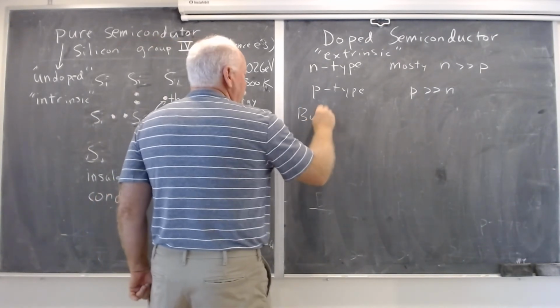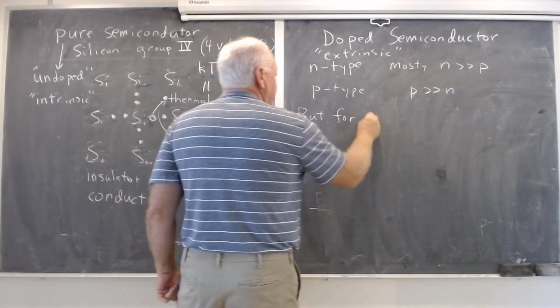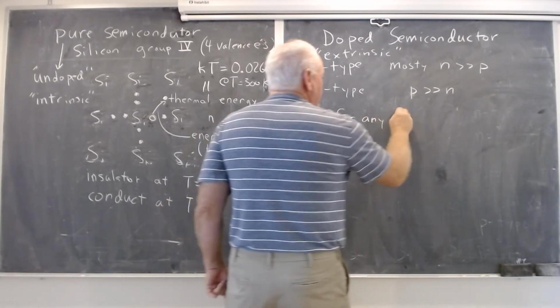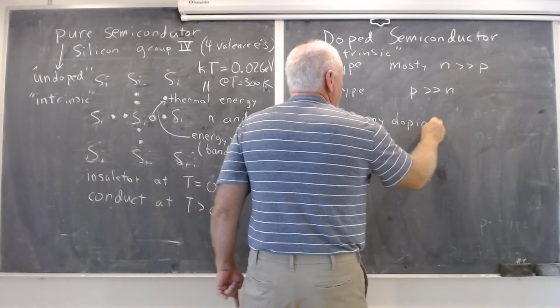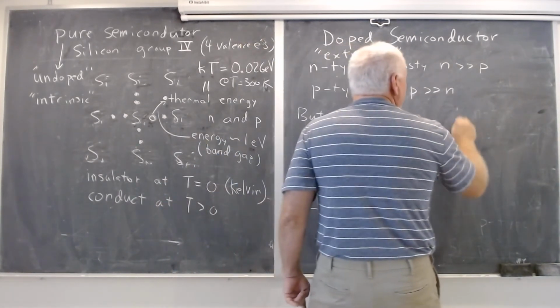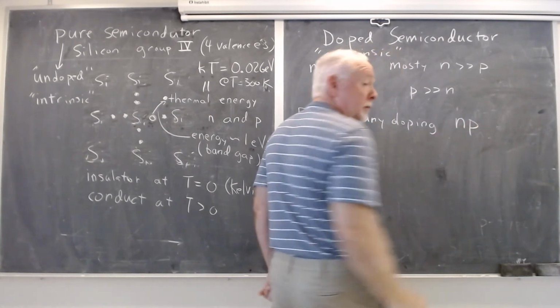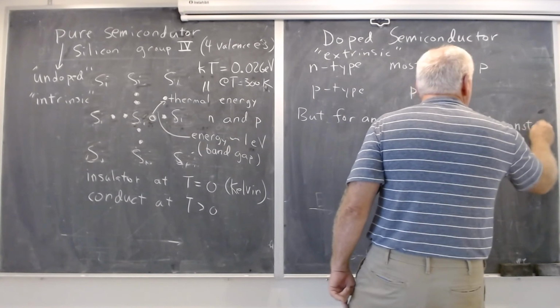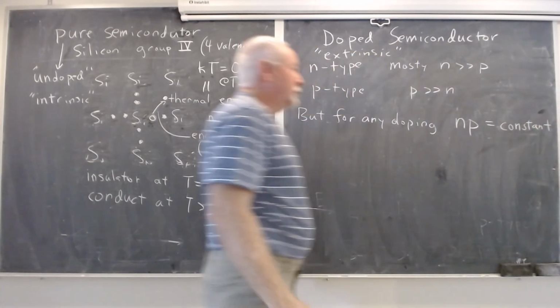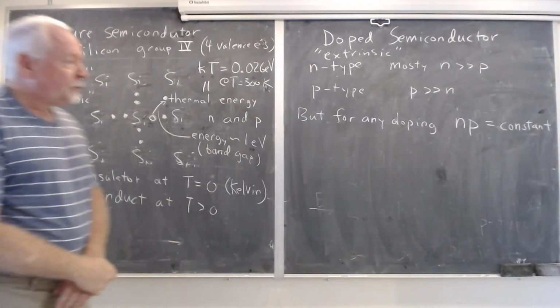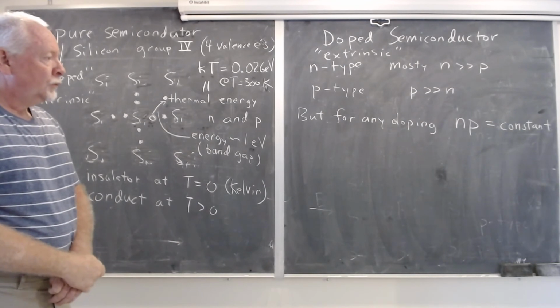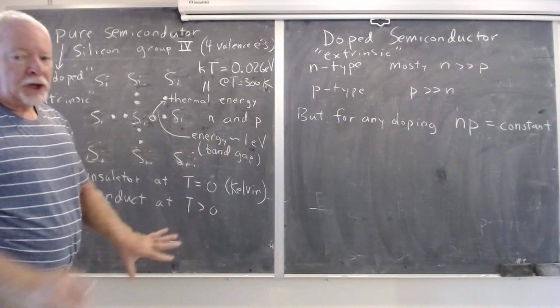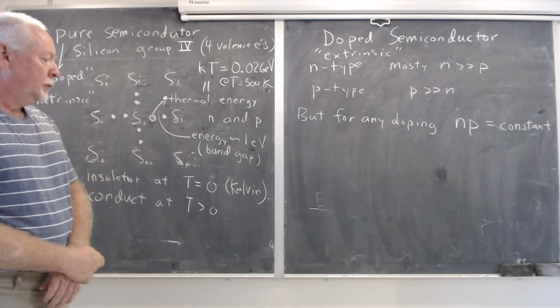But for any doping, the product of n and p is a constant. And we'll talk about what that constant is in a second.